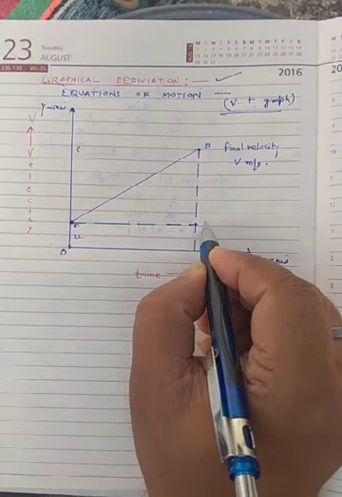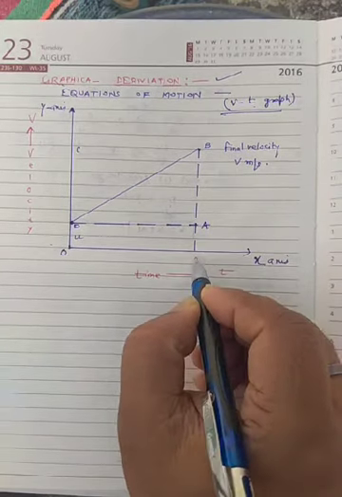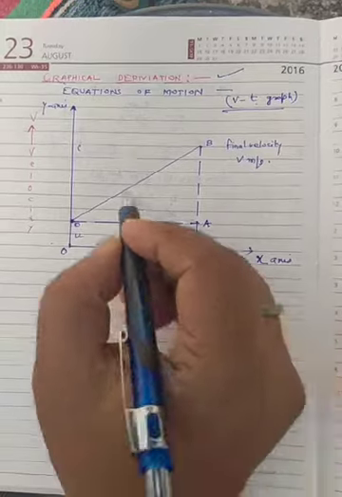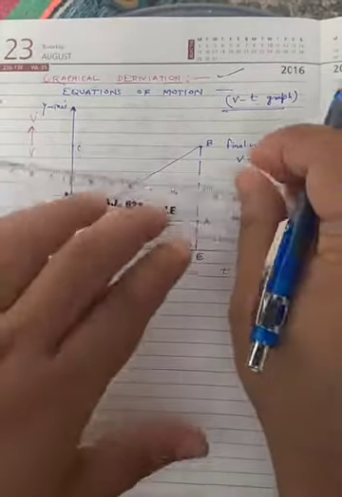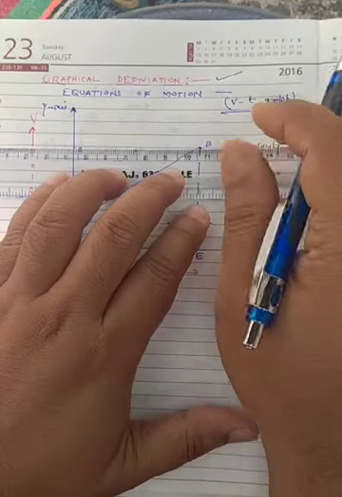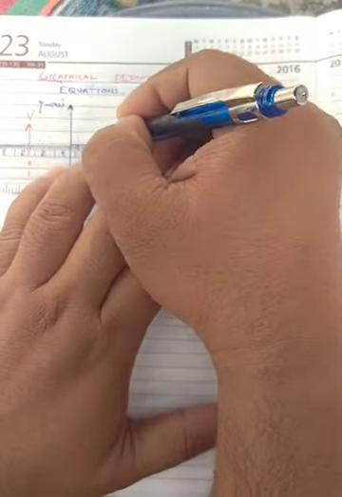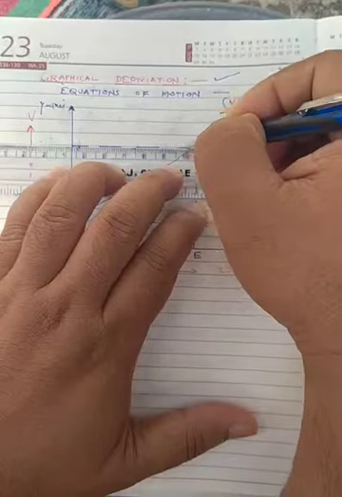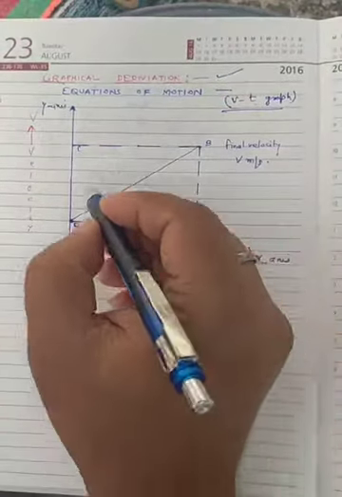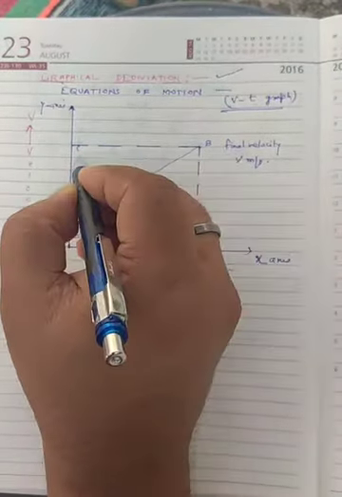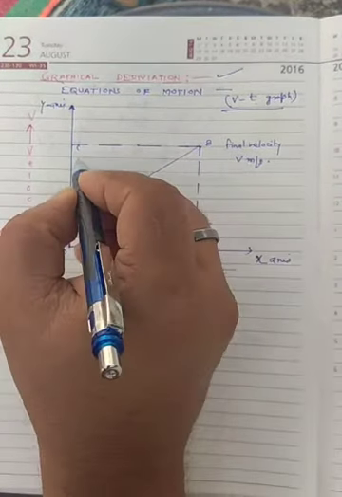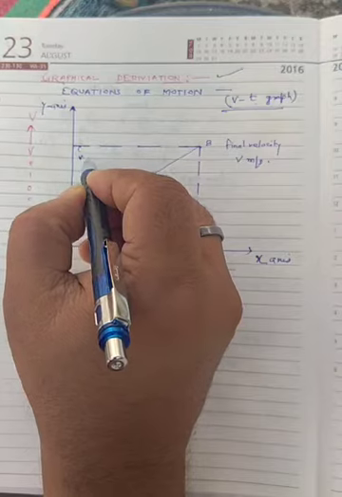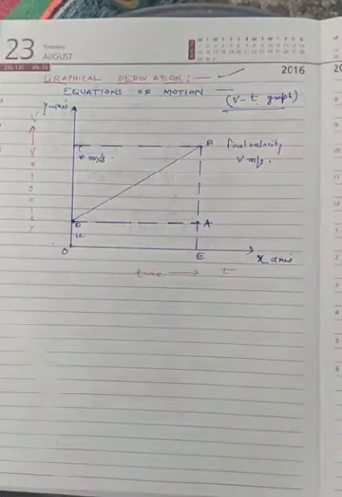This is point A, this is point E, and this is point C. So let's complete this dotted plotting in the graph. So here, what is the velocity? V. Final velocity is V. So V meter per second is the final velocity.